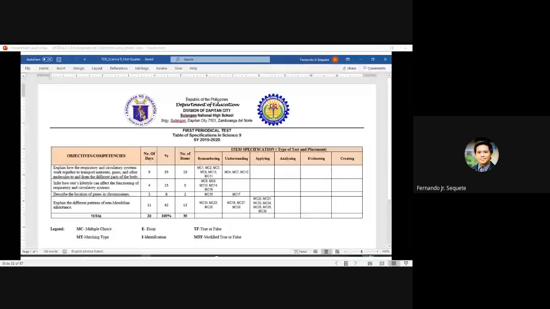Sir, the number of items here, is it the same as the formula in the first format?